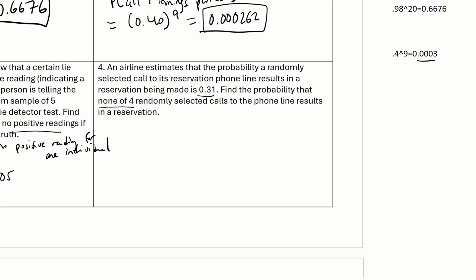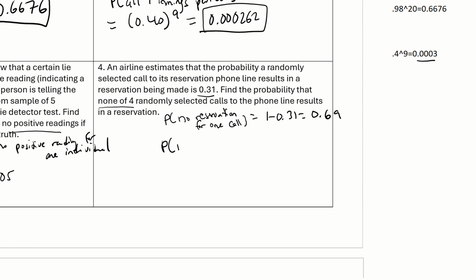So the probability of no reservation made for one call is 1 minus 0.31, so 69% of the time, no reservation. 31% of the time, yes. That's for one phone call.